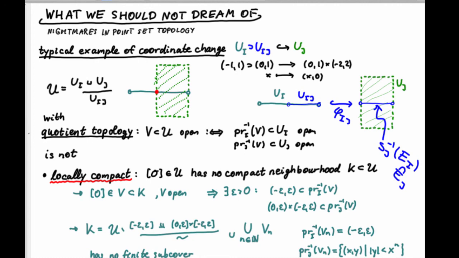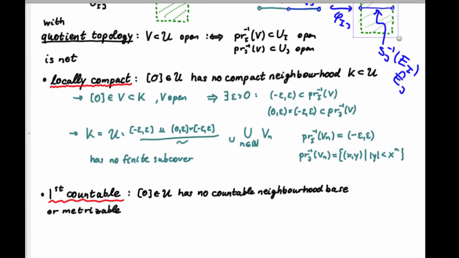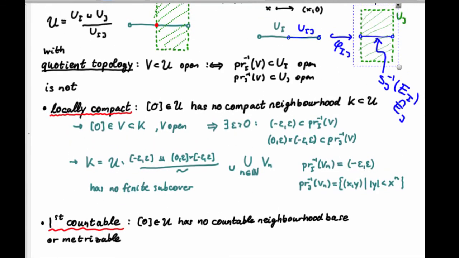And what I'm going to show is that that's not locally compact, which you can sort of imagine. The red point is in here, but its neighborhoods in UJ don't look terribly compact. But not only that, it's also not first countable, so I can't find a countable generating set of neighborhoods of the 0.